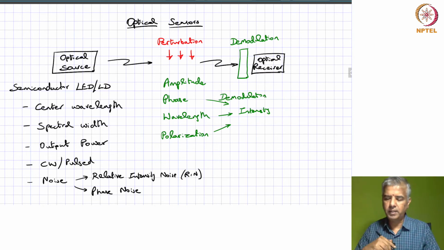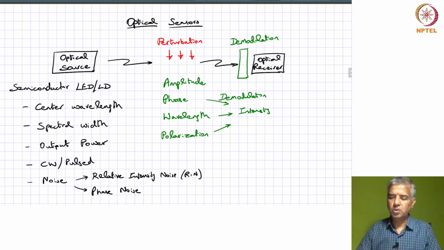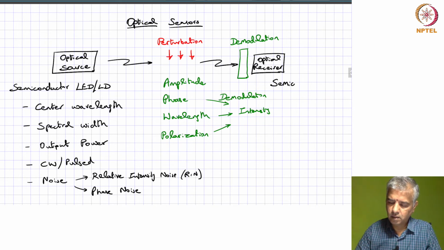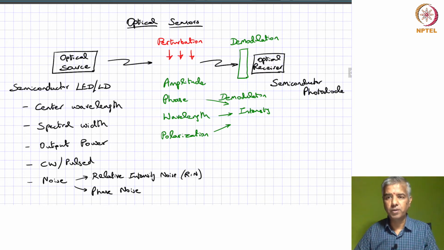Now let us look at the receiver. What should be the receiver that we use for these applications, and what are the characteristics of the optical receiver that we are interested in? Typically, for the same reasons that I mentioned for why we use a semiconductor LED or a laser diode, you also want to use a semiconductor photodiode at the front end of your receiver.